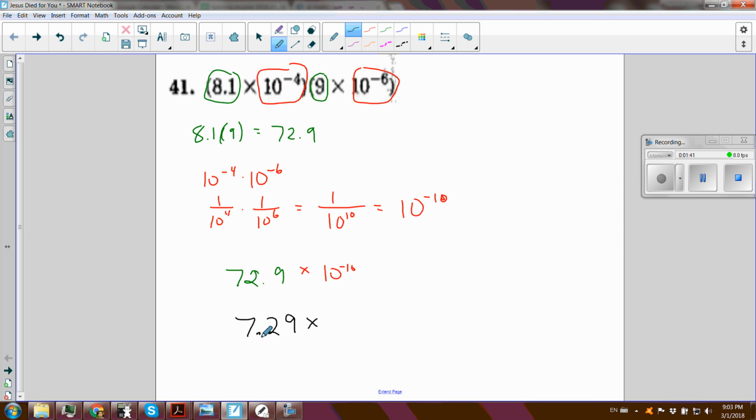Well, here I've already got it moved 1 time to the left compared to this number. So to be equal, I would only have to move the decimal here 9 times to the left to end up in the same place that it would be when I move this one 10 times to the left.